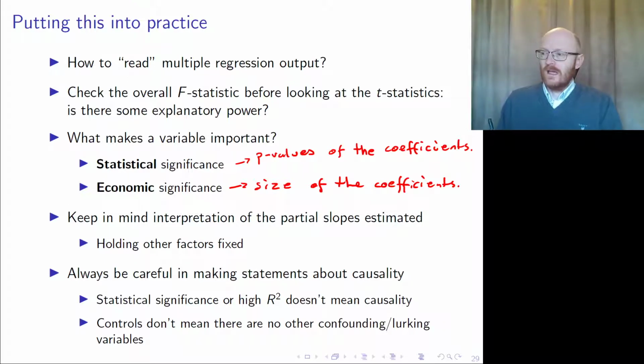For example, if you make a model to forecast stock prices for the next day, but you have so much data that the model is significant, and the slopes are significant, but the size of the coefficient is so small that you can't really use this model, because when you try to trade based on the model, your profit is eaten up by the bid-ask spread, or the fee to the broker.